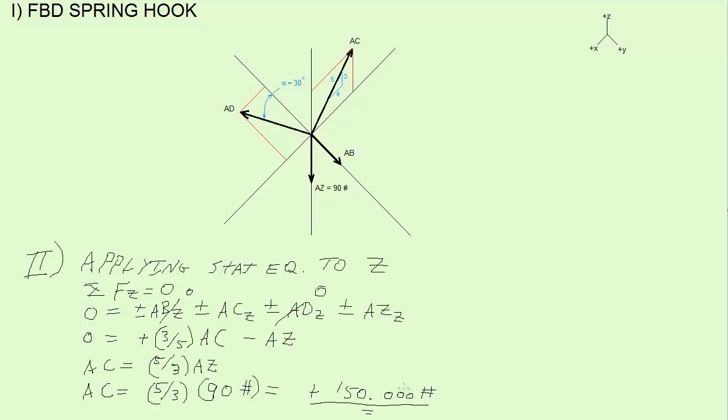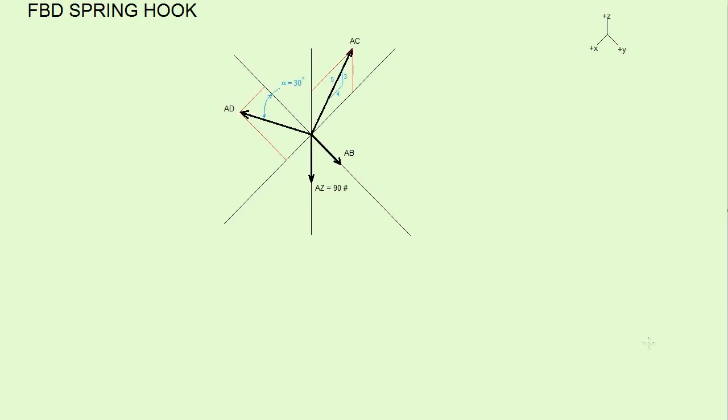Something I didn't mention earlier is that all of these vectors, AD, AC, and AB, are assumed vectors. We were not given vectors initially. We just assumed their directions. Our assumptions could be correct or incorrect. In this case, it happens that my assumption is correct. So I can now continue. We have found AC. We have found it to be positive 150 pounds.